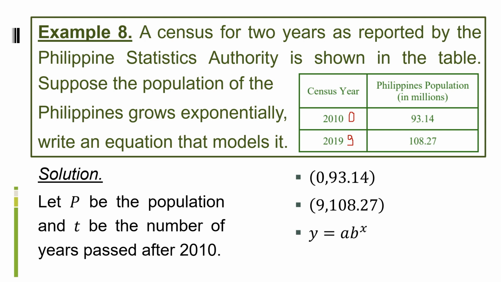And our exponential function is y equals a times b raised to x. So what we will do now is substitute these points into x and y, and we will find the value of a and b. So that is P of t is equal to a times b raised to t.